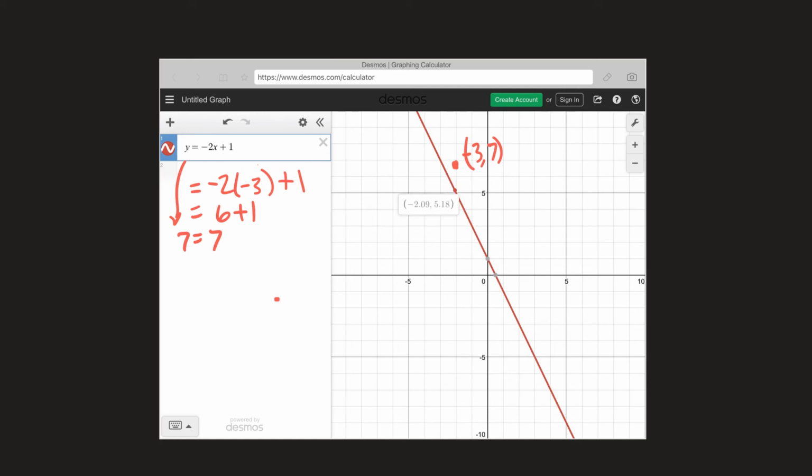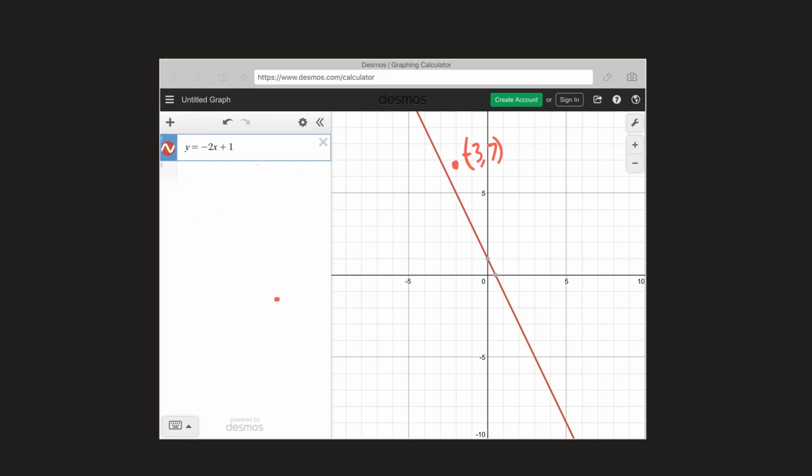So if I did negative 2.05 and 5.1, well, let's see if I can find the points that I did. So this one, I'm getting to the grid here. Oh, there, negative 1 and 3. I stopped right there, and I could show you that negative 1 and 3 is a solution.